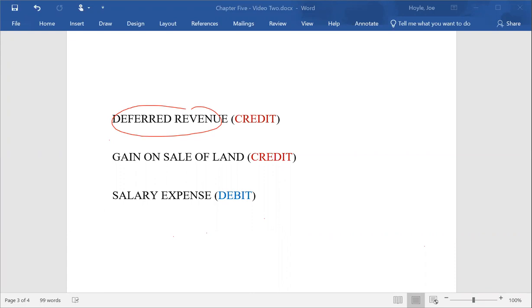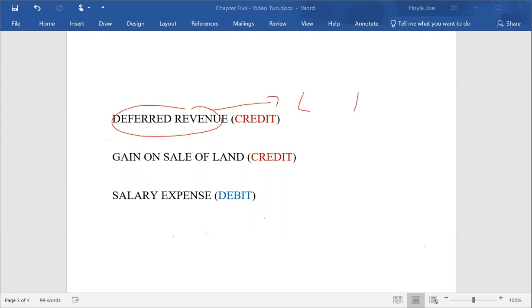So a deferred revenue appears very much like a liability, because if you don't do the work, you have to give the money you receive back. It is money you have received for revenue, but you have not yet fulfilled or finished the performance obligation.